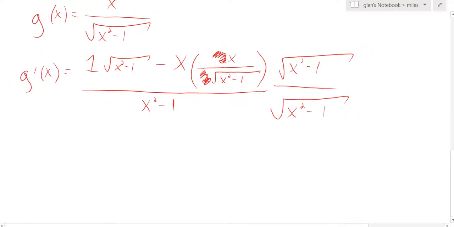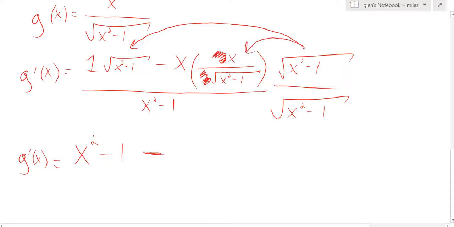And because there's that big old minus in the middle from the quotient rule, which will always be there, we need to distribute this over to here. But what luck? The square root of x squared minus 1 times the square root of x squared minus 1 is just x squared minus 1. Minus, and look how nice this is, multiplied over to here, it just cancels that thing out. So the only thing we're left with is x squared.